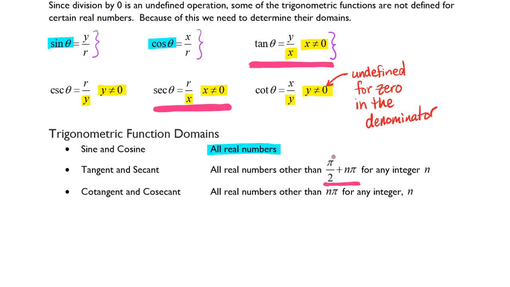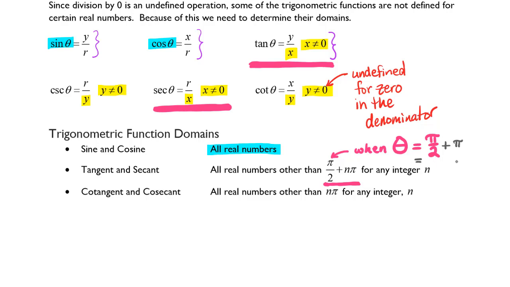What that means is you start having undefined values for x when theta, the angle, equals pi over 2. And then the n pi means that you will have the same thing happen for plus pi. That would give you the next value for which theta would be making the function undefined.